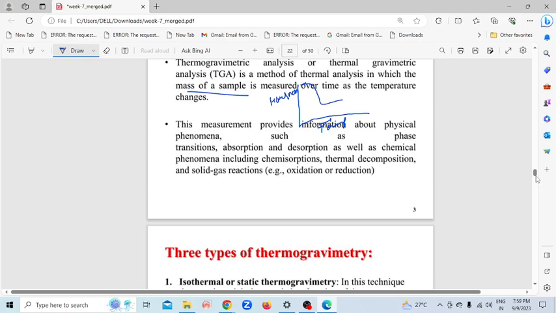Suppose this is the polymer, the plastic. If you are increasing temperature, what will happen? At some temperature it will convert into a rubbery state. This is called the glass transition temperature. So viscosity will be changed, meaning your plastic will convert into a rubbery state.